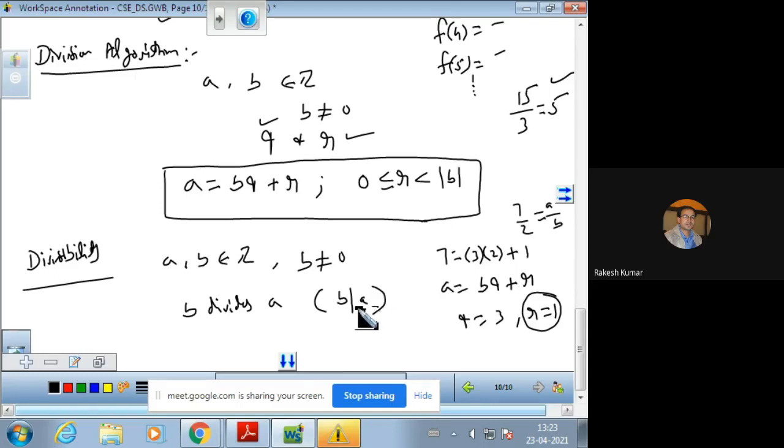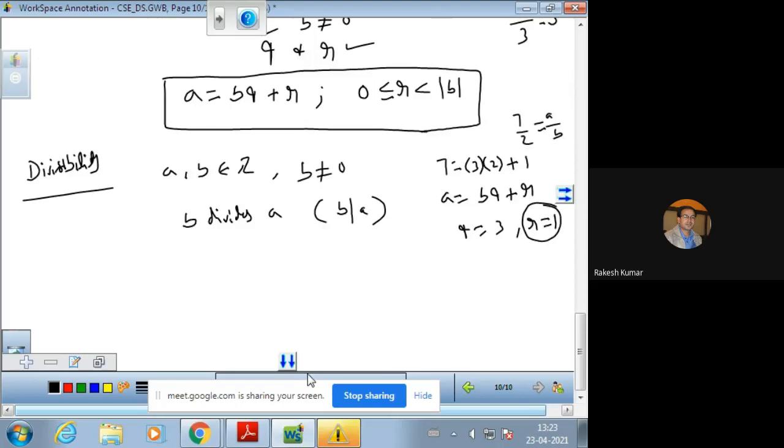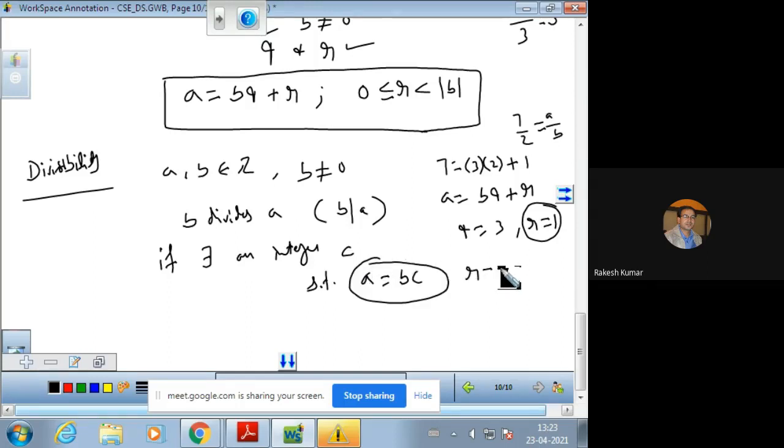B divides A means exactly divides, if there exists another integer C such that A is equal to BC, and the remainder in this case is 0. There is no remainder, so we can say that R is 0.